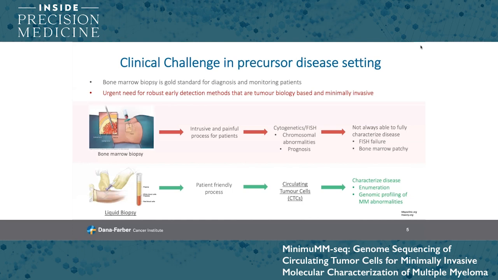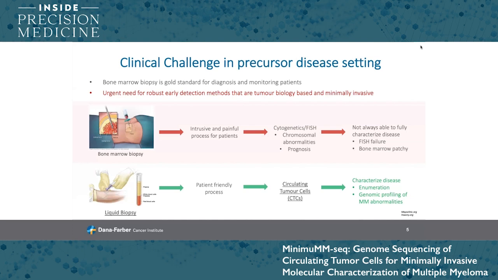The median age of myeloma patients at diagnosis is around 69 years, and therefore, patients being of more elderly age, bone marrow biopsy is an intrusive and painful process, and therefore is not feasible to be performed for repeat sampling and monitoring of patients in this way. This highlights the urgent need for robust early detection methods that are both tumor biology based and minimally invasive.